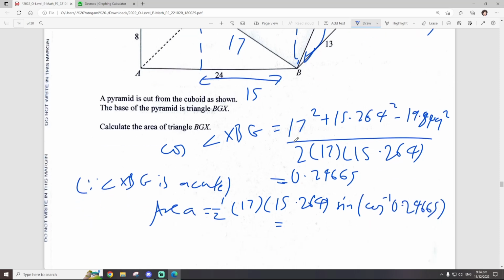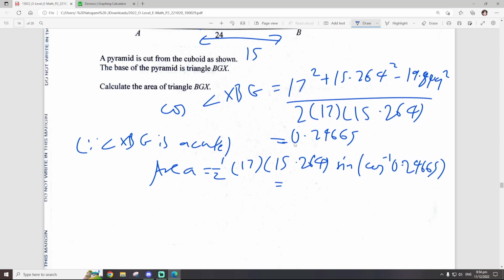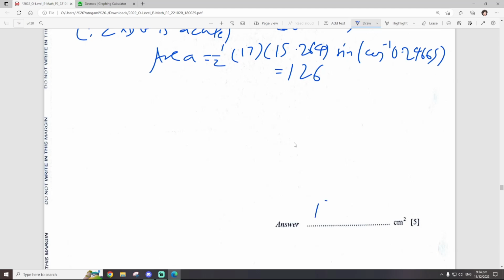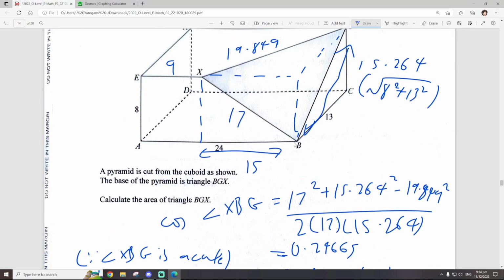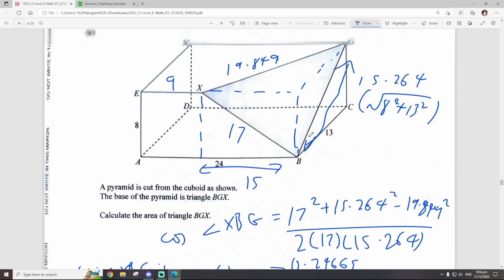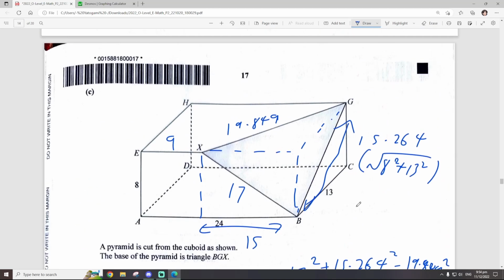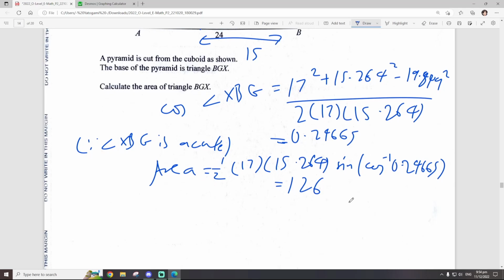And you will get 126 to three significant figures. Wow, 5 marks. So it's a little bit cumbersome, but once you realize that you can just use Pythagoras for everything as well as cosine rule, it becomes more manageable.